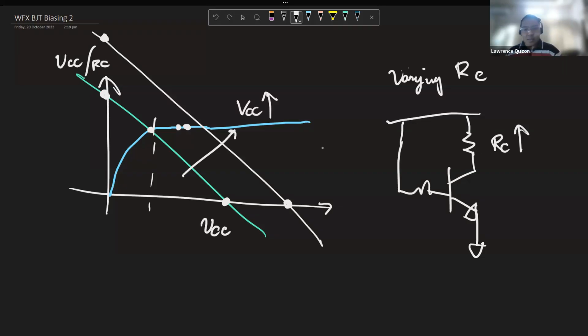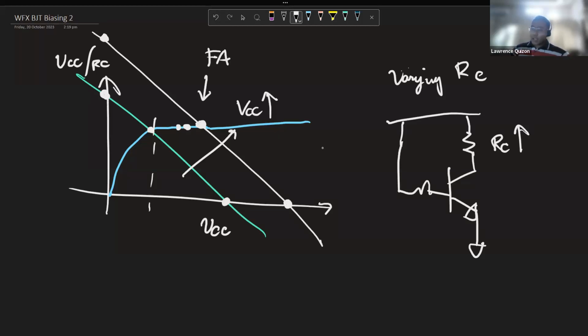When we vary VCC, for the same RC and RB, we didn't change RC or RB, only VCC, the load line shifts, and we end up also getting out of saturation, into forward active. We go to forward active here.